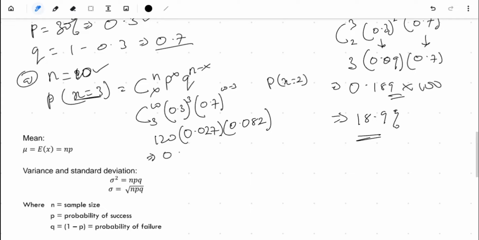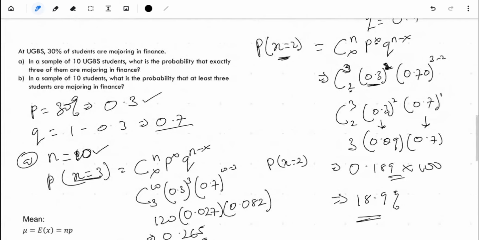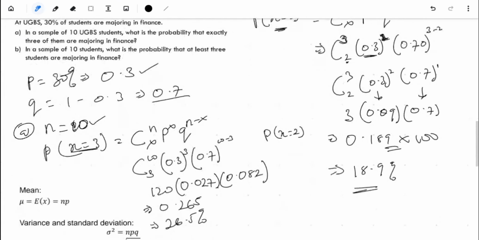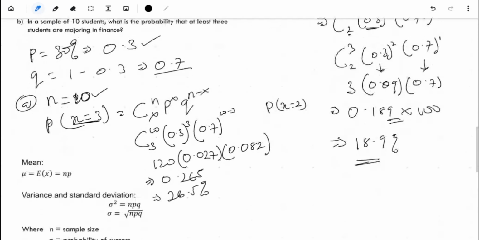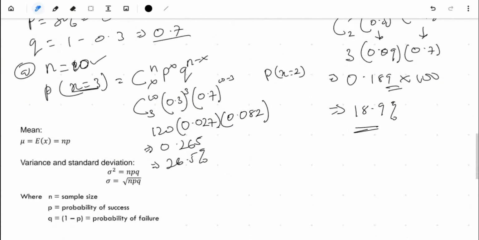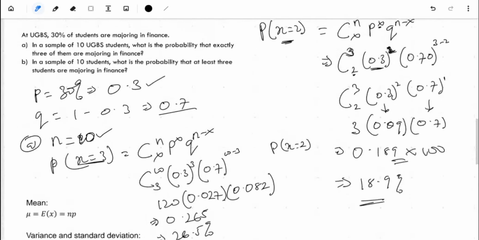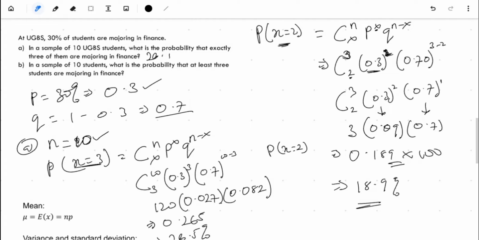Let's represent it in percentage. We get 26.5%. So this is the probability that exactly 3 of them are majoring in finance. Yeah, so the probability that exactly 3 of them are majoring in finance is 26.5%.